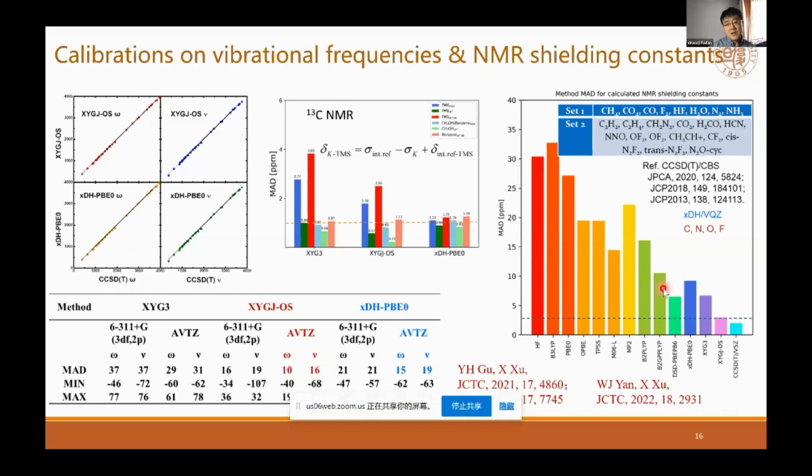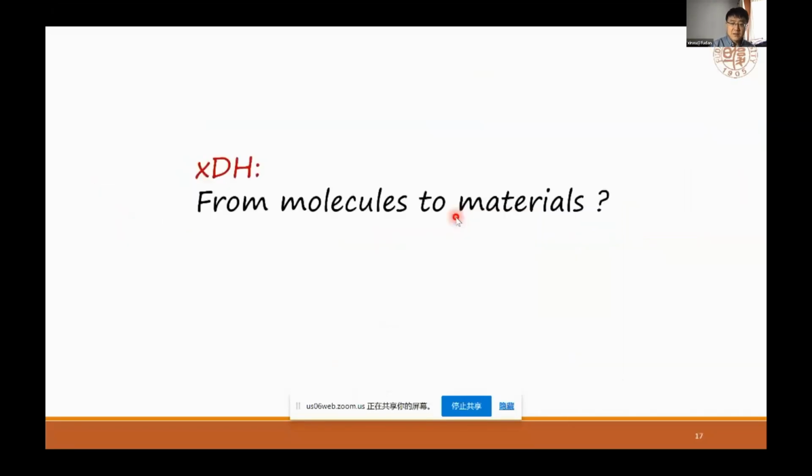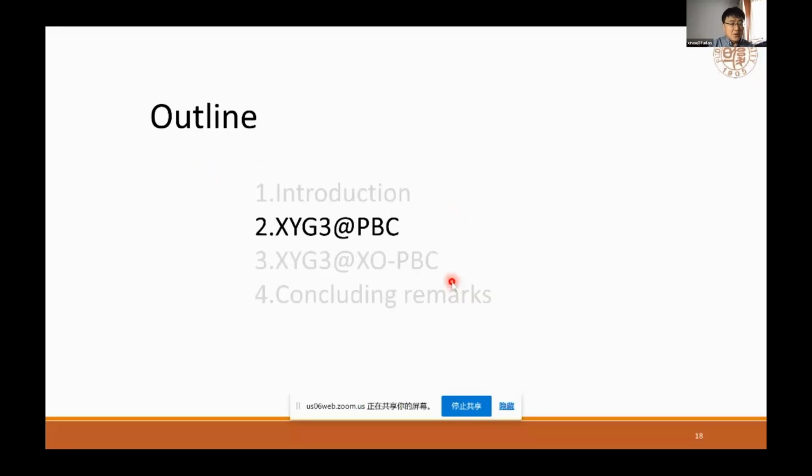And for the NMR calculations, we can even push the limit to around 1 ppm, where the computational cost is 3 orders of magnitude smaller than the CCSD(T) method. So then the question is, how can we extend the good performance for molecules to extended systems for the XDH functionals? So XYG3 PBC, and here PBC refers to periodic boundary conditions.